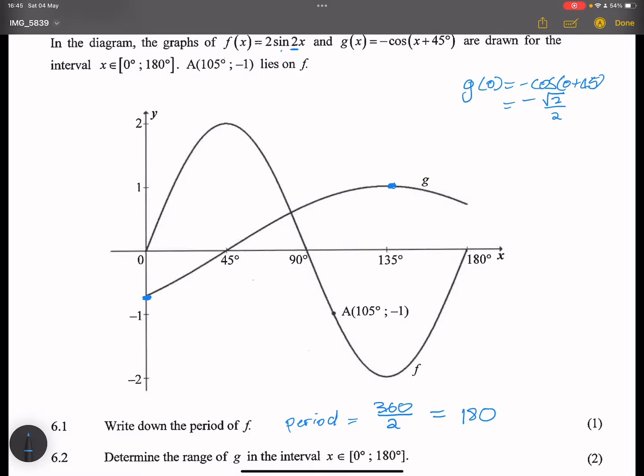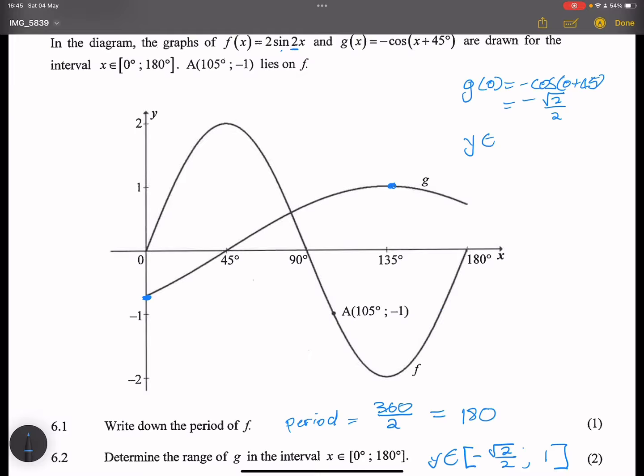So that means that the range in this case, remember we say y is an element of, let me write it there. So y would be an element of, we start from a minimum of minus root 2 over 2, and the maximum value is 1.